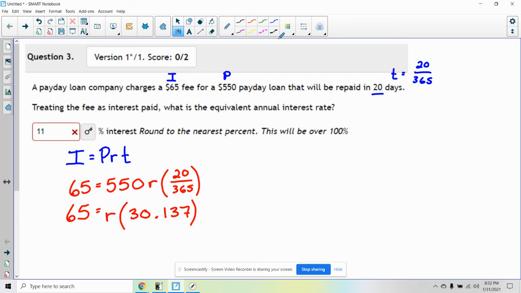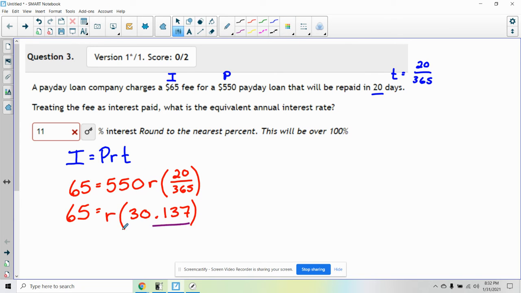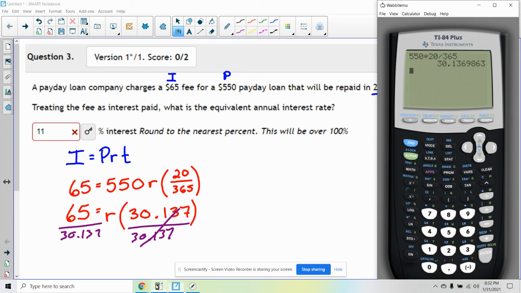Okay. Now to get R by itself, I'm just going to divide both sides by 30.137. So I get 65 divided by that. So you get 2.157.